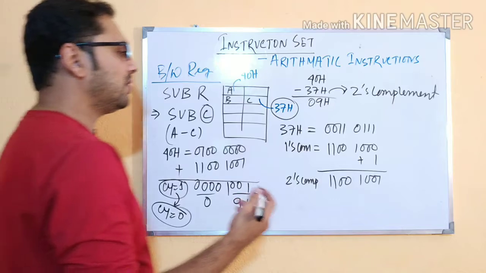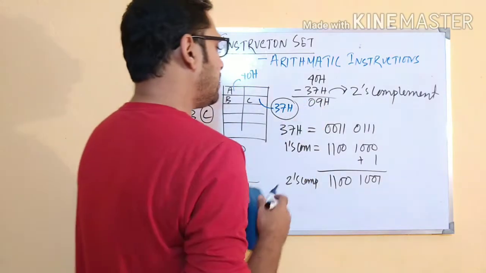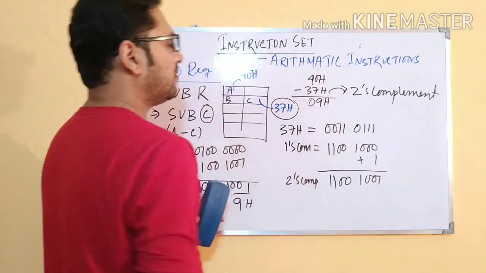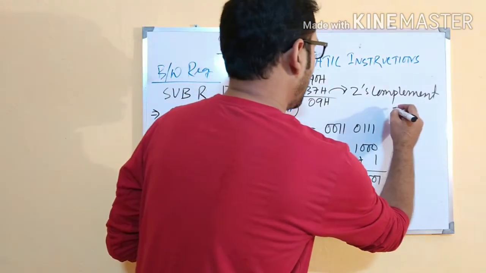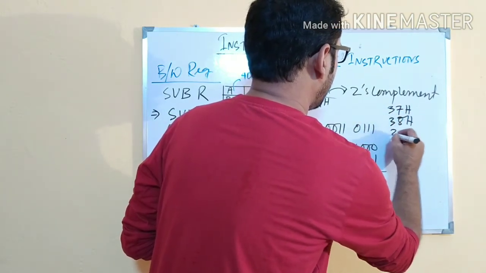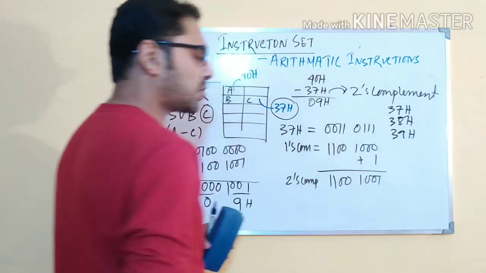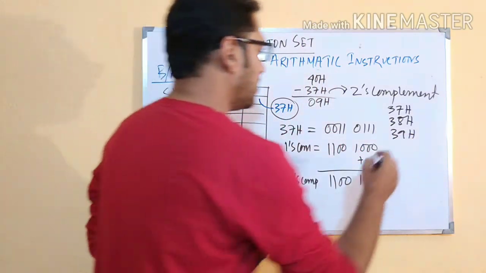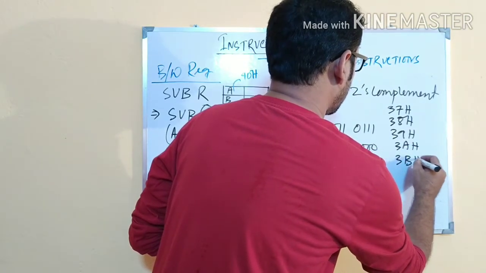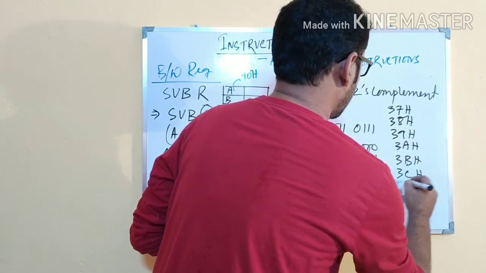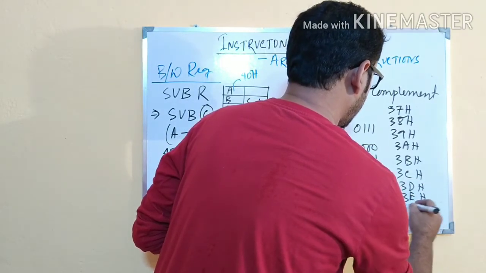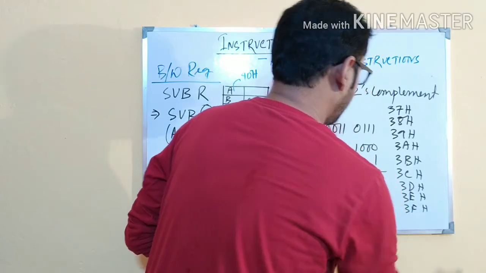In hexadecimal, try to understand what values are available from 37 to 40 hex. I am writing here 37 hex, next value is 38, next is 39, next one is 3a hex, then 3b hex, then 3c hex, then 3d hex, then 3e hex, then 3f hex.